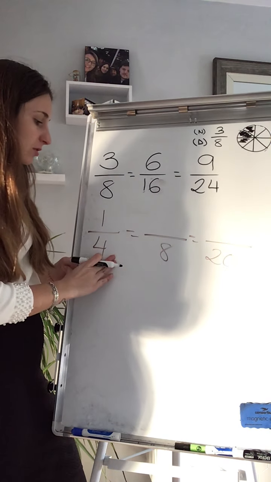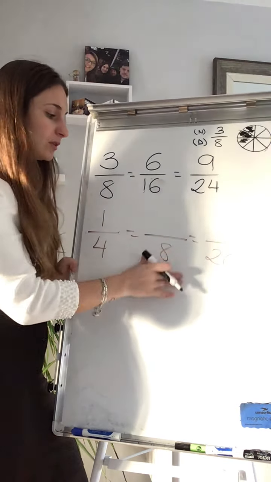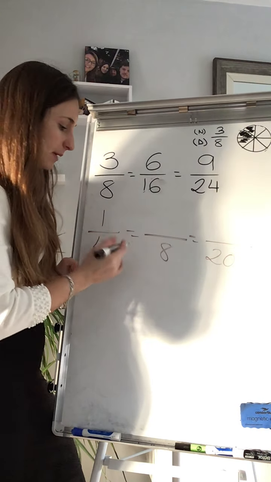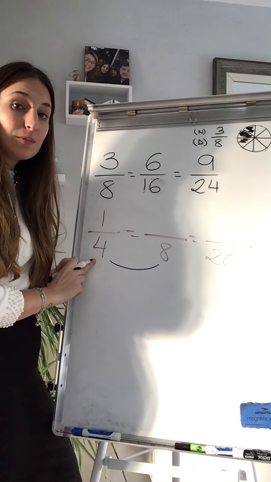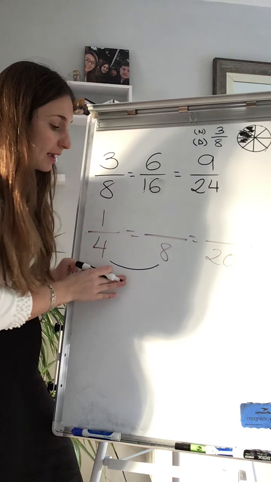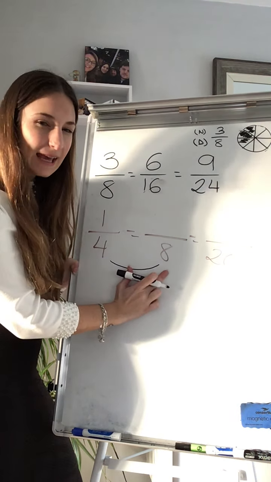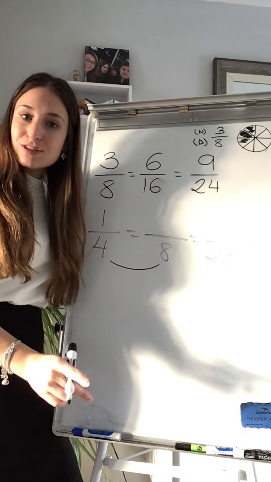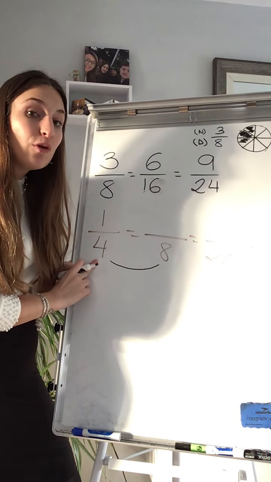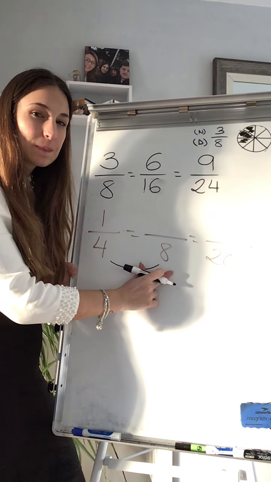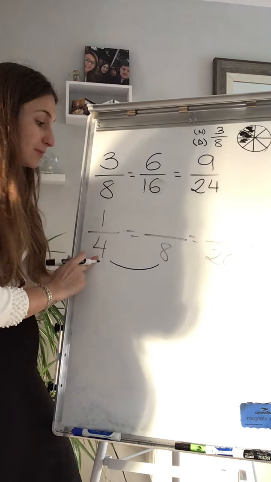When we do exercises where we need to find a missing number. So I have 1/4. I don't know what the equivalent one is, but I have a big clue here. I know that my denominator has been timed by a number to get 8. So all I have to do is find what number times 4 is 8.